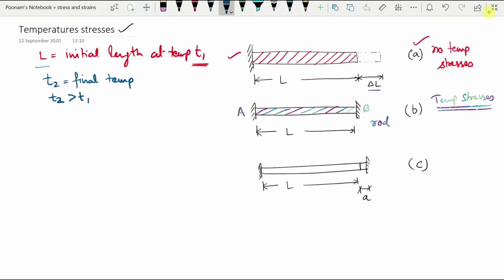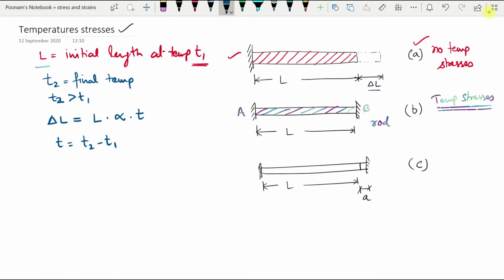So this specimen will have a tendency to expand, and the increase in length is given by delta L. Delta L is the increase in length due to rise in temperature, and it will be the initial length of the bar into coefficient of thermal expansion into rise in temperature. So delta T is equal to T2 minus T1. This is the rise in temperature.